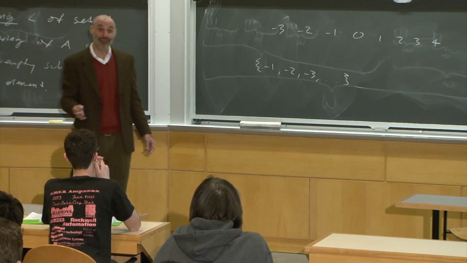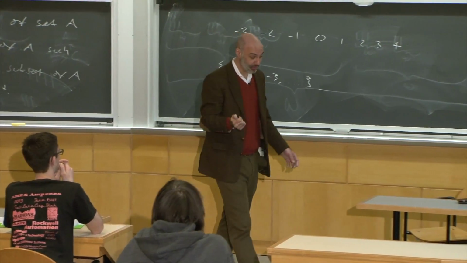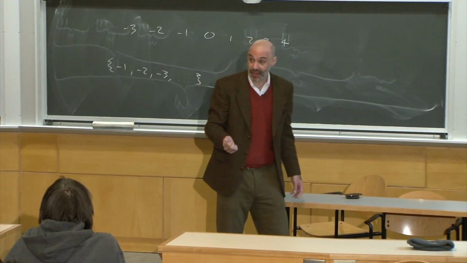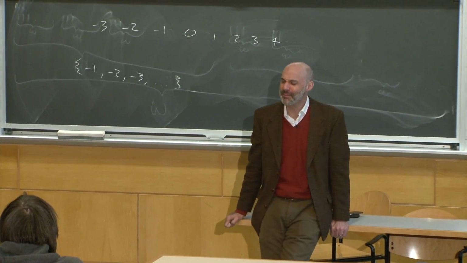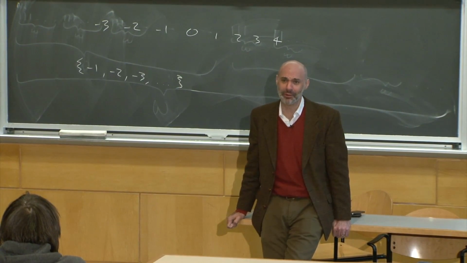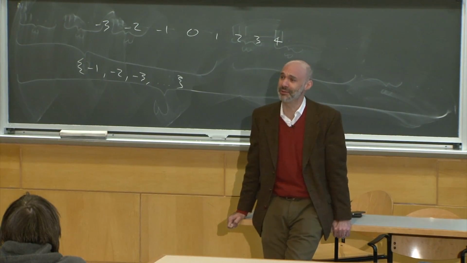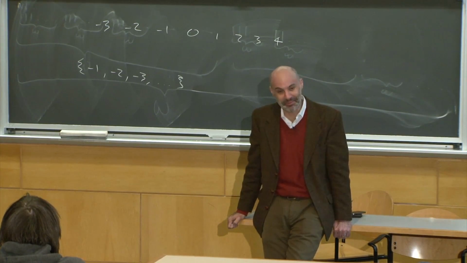OK. So I want another example of a set which is not well ordered. In fact, I'll be happy either with another example of a set that's not well ordered or with another example of a set that is well ordered. I just want examples. The 1 over 2 to the n set, like when you're stepping from A to B in distance, so you'd have 1, 1/2, 1/4. Yeah.